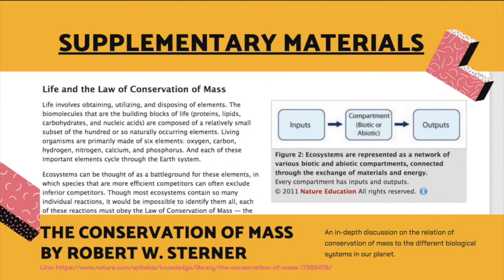Okay. Our next supplementary material is actually a website. This website provides an extensive discussion on the relation of conservation of mass to the different biological systems on our planet. So the web page is titled The Conservation of Mass by Robert W. Turner. The link is provided below.